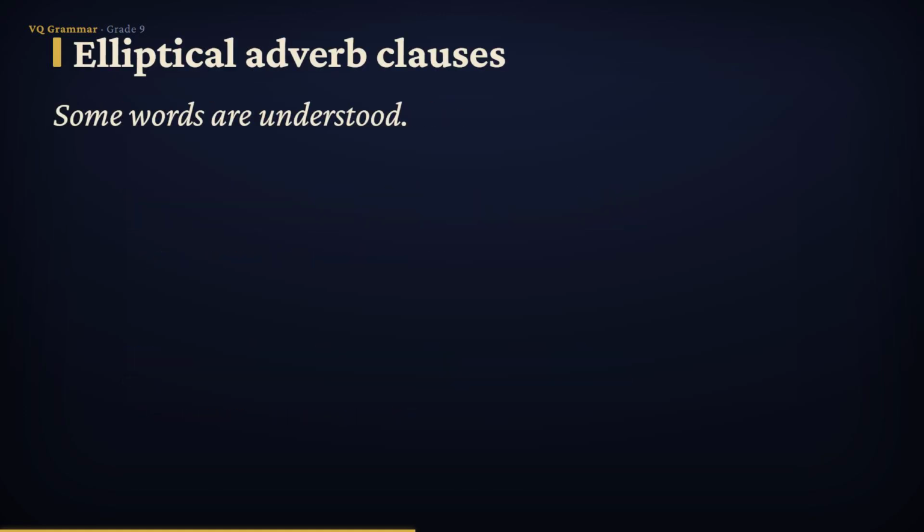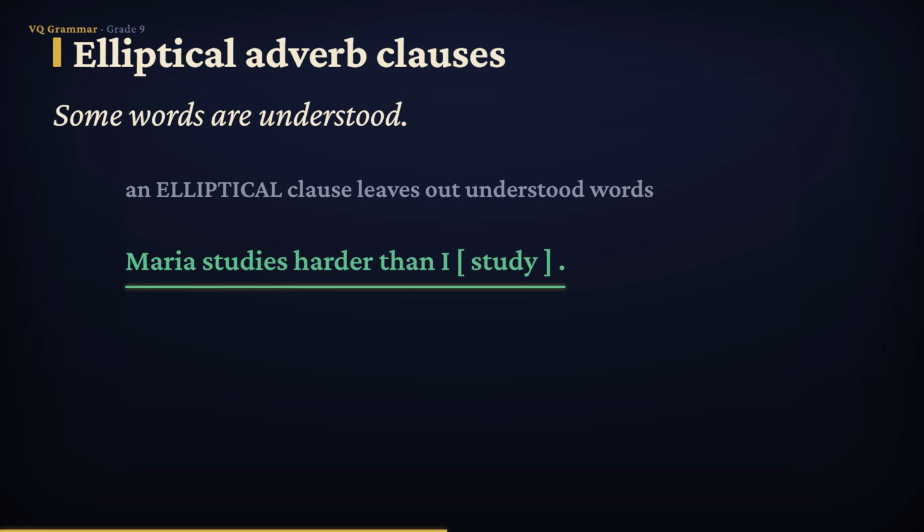There's one more kind worth knowing, the elliptical adverb clause. The word elliptical just means something has been left out. In an elliptical clause, a word or two is missing on the page, but your mind fills it in automatically. Look, Maria studies harder than I. Say it slowly and you can feel the gap. Than I study.